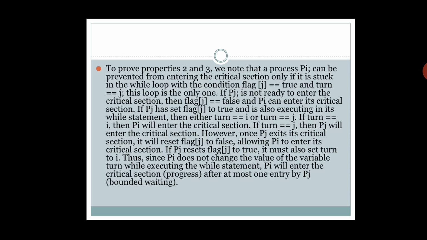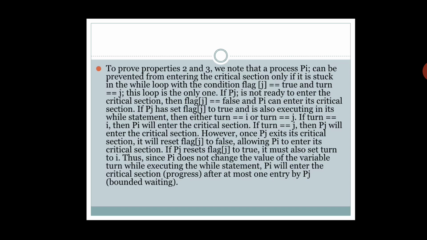Fine. Now to prove properties 2 and 3, we note that process Pi can be prevented from entering the critical section only if it is stuck in the while loop with the condition flag[j] equal to true. If that is the case, then only can we ensure that the condition is met.